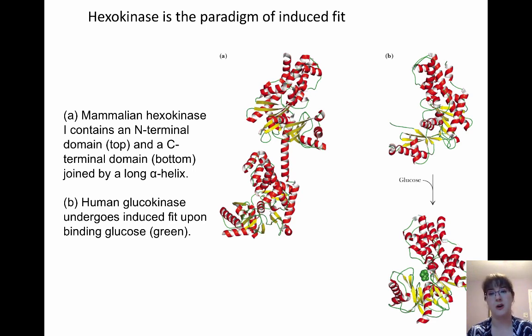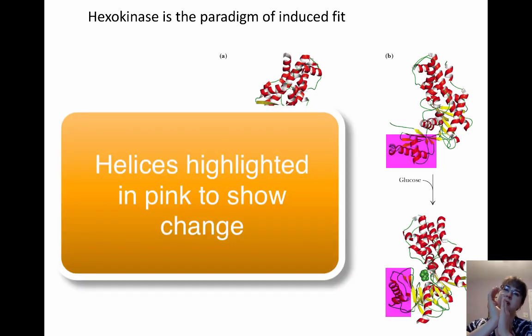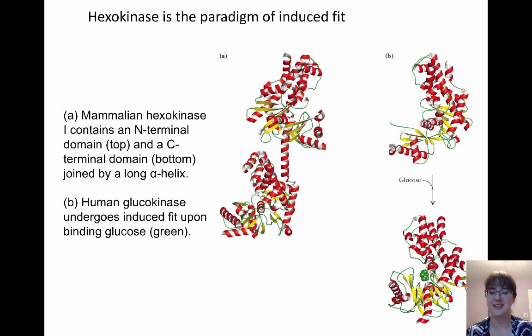These two enzymes are very similar. But what you can see is almost a clamshell notion, where the bottom part comes up to the top part. And so it's got this really lovely section that moves with it. So it's not a static enzyme. It has a lot of movement in it to get that substrate to come together.